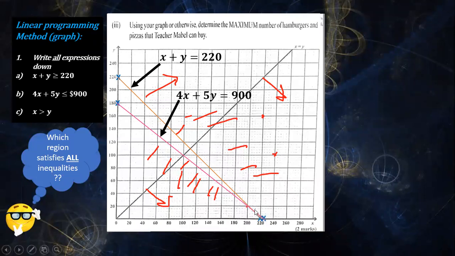That only happens when these two lines cross at this point. Then we have a region above this line and below this line happening. A very, very small region. So we're going to take a closer look at this region here.